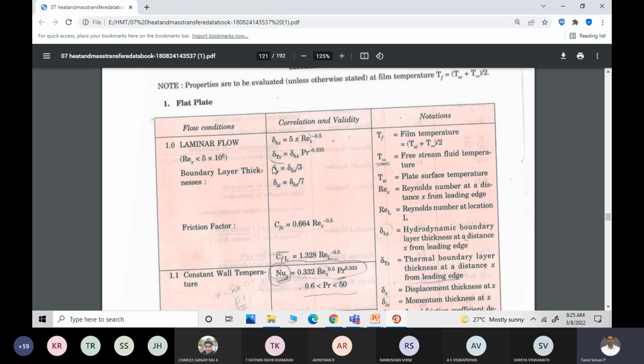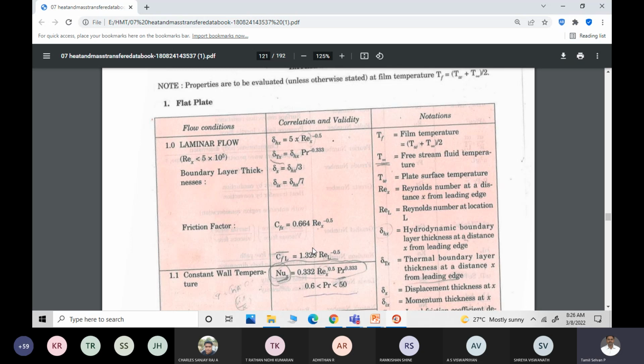The thermodynamic boundary layer thickness is this value into Prandtl number to the power minus 0.33, or del t by x divided by Prandtl number to the power 1 by 3. Like this, you can find it out.